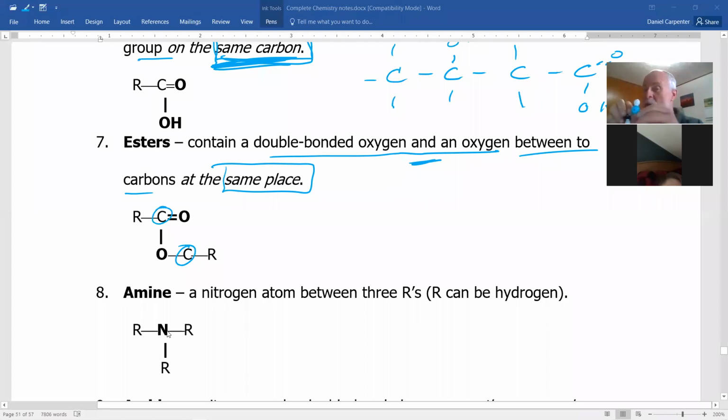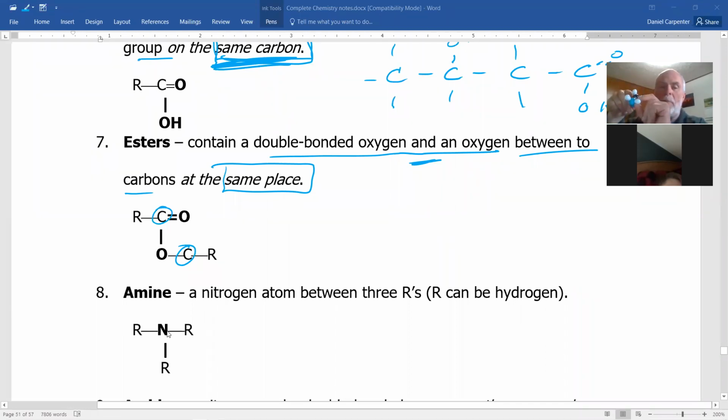You could actually have 2 R's be hydrogen. So we've got nitrogen, blue ball. Nitrogen, blue ball. That counts for an R. That counts for an R. And whoop, that counts. This counts for an R.